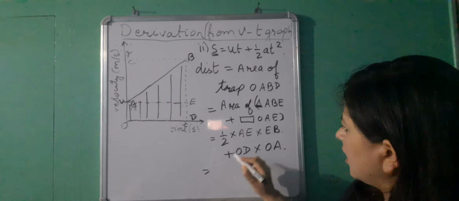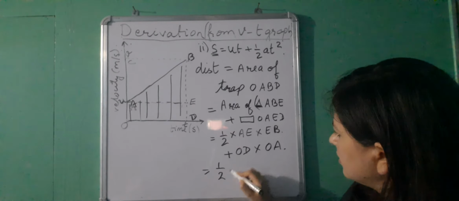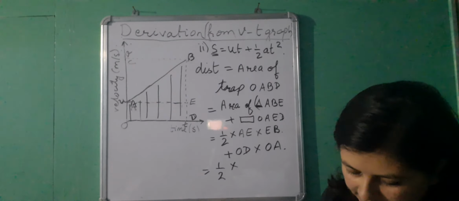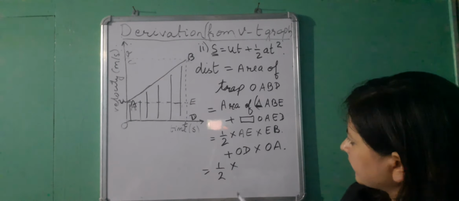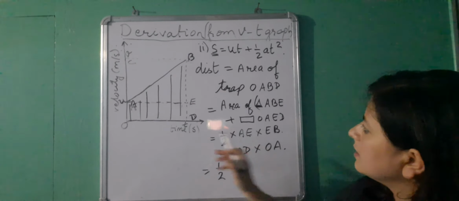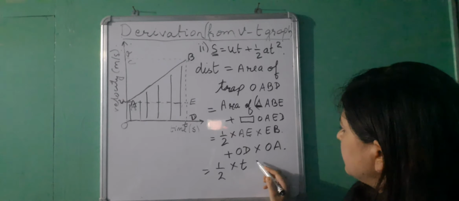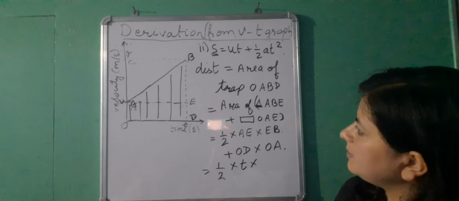Now, half into, what is the length AE equal to? The length of AE is time, that is T minus 0. T into, what is EB equal to?